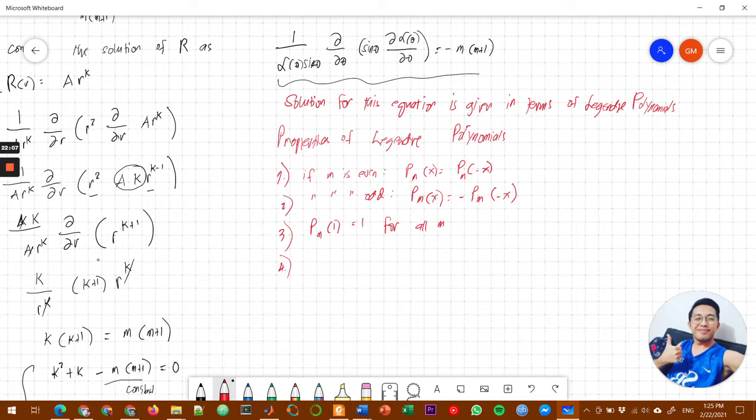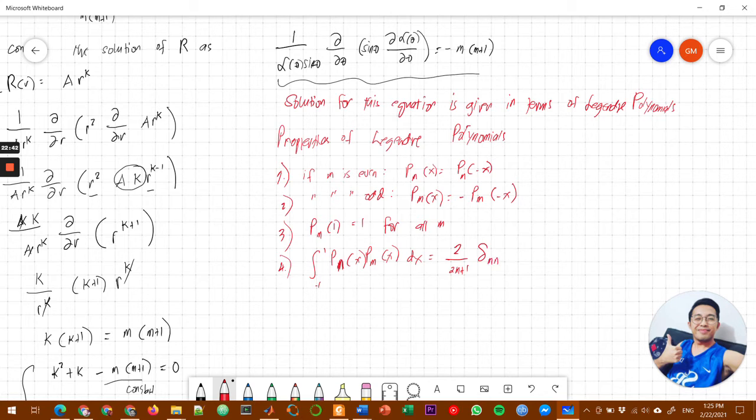Then the last thing is these Legendre polynomials are orthogonal to each other. Okay. And this is n, this is n. So they are orthogonal polynomials. In that way, there is a result if n equals m. Okay, otherwise, there is none. We have 2 over 2m plus 1, then we have the Kronecker delta mn.